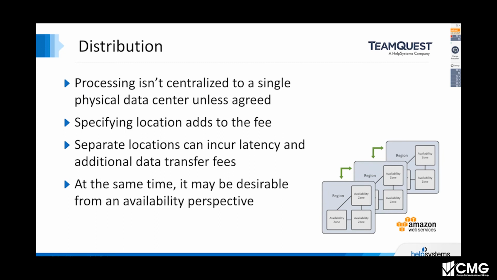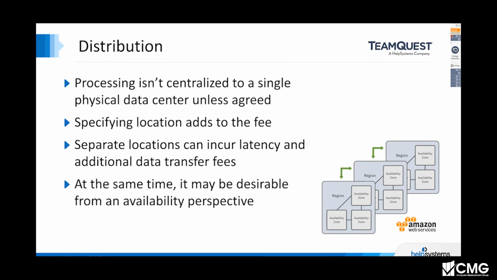So reserving instances in an availability zone may be a good idea, but again, that comes at a price. So you need to find the breaking point: what is it worth for me to be in the same availability zone versus what does it cost me to make sure that it actually happens.